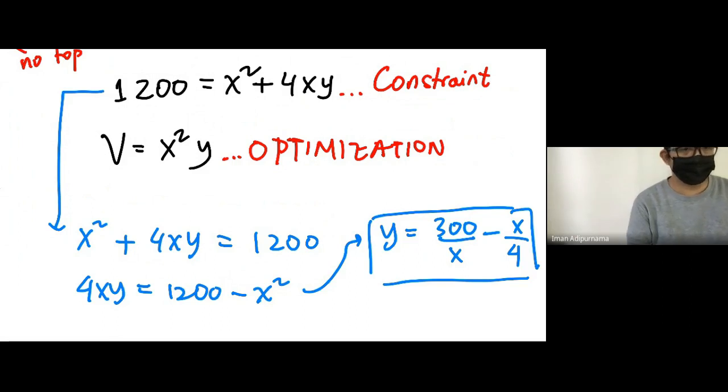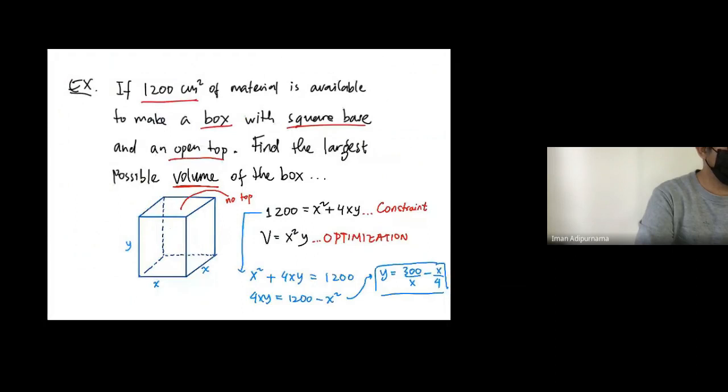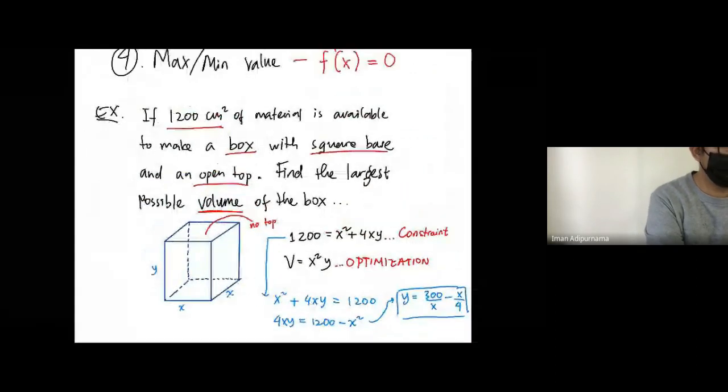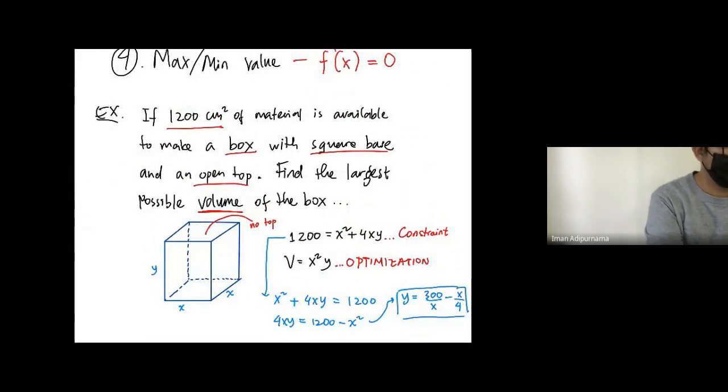You can also solve with x, but I think it's better with y. I need to go to the next slide first. So y is 300 divided by x minus x over 4. And then we have volume is x squared y.